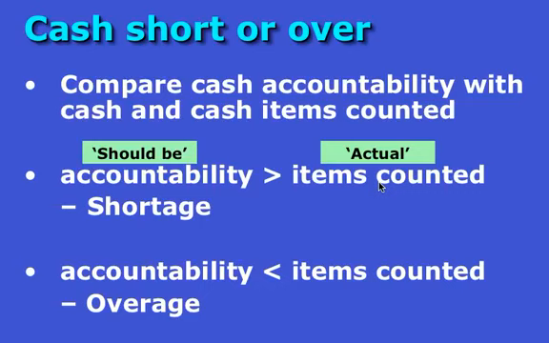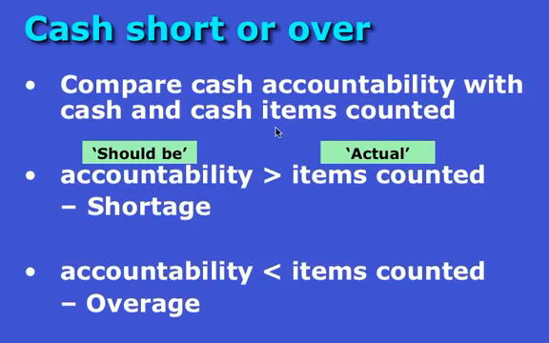So, dapat yung should be at yung actual, the same. If not, short or over. So, in this problem, establish muna natin yung actual. Then, in the process of determining yung actual, ma-establish natin yung should be based on the available information.